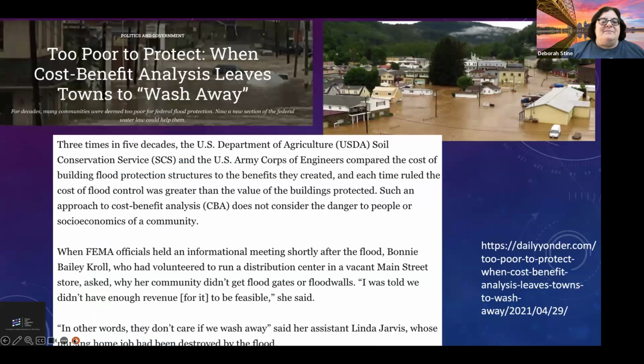And here's another example of why benefit cost analysis should not be the sole factor when you make a decision. I've seen this happen in West Virginia. I'm based in Pittsburgh, Pennsylvania, and I do a lot of consulting work in West Virginia, where the housing sometimes, particularly in former coal towns, is very low in value.